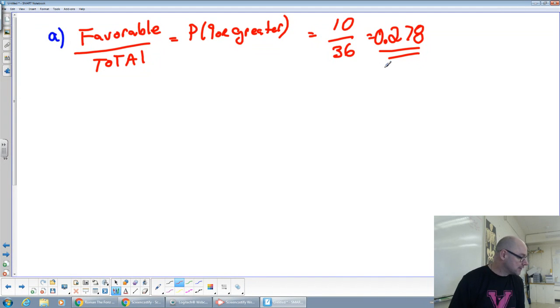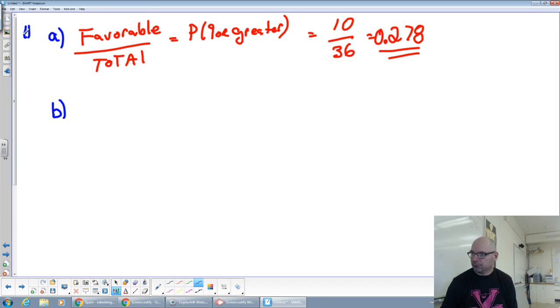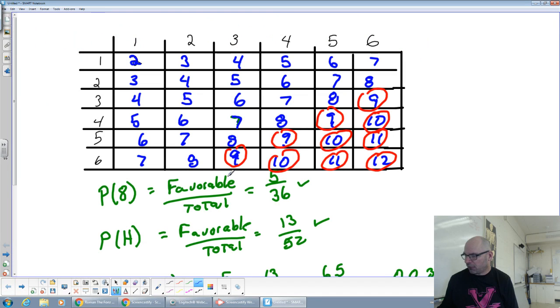Okay, a 6 on either or both die. So let's do B in a different color here. Okay, so let's go back. Now we have to get rid of all these red ones, so we'll just erase those.